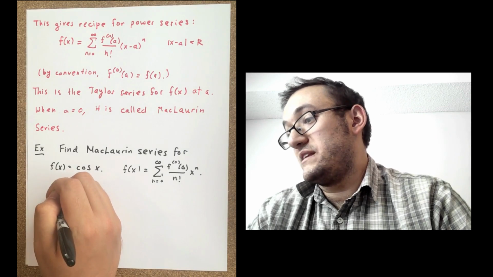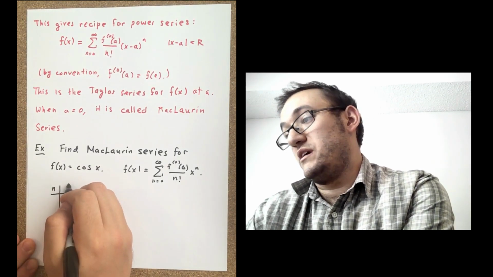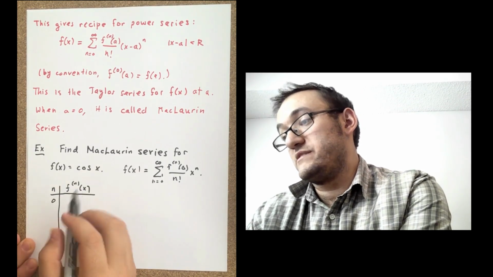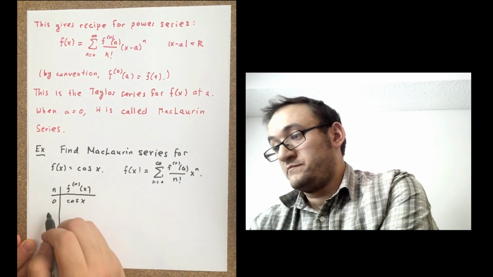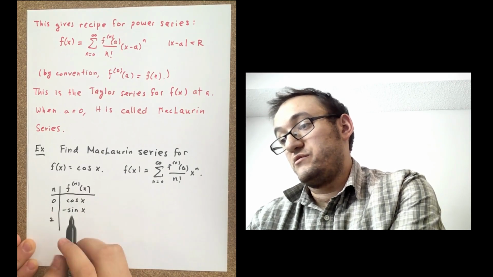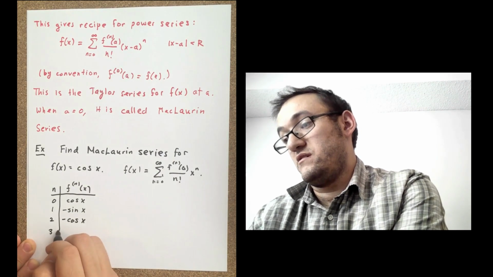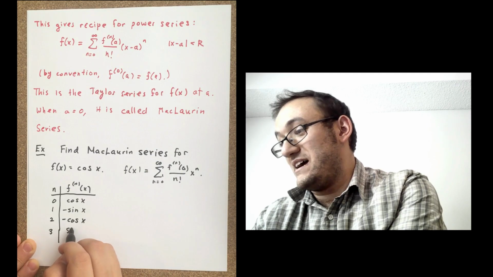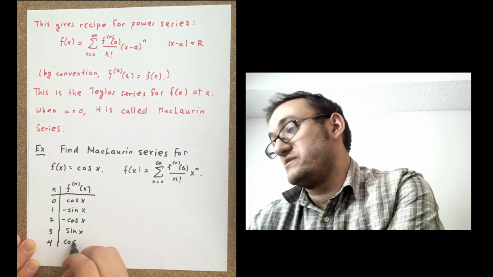So let's say n, and this will be f^(n) of x. So for 0 we have cosine, because that's just the function. For 1, it's the first derivative, or minus sine. For 2, we have minus cosine, second derivative. At 3, we get back to sine. And at 4, we're back to cosine.